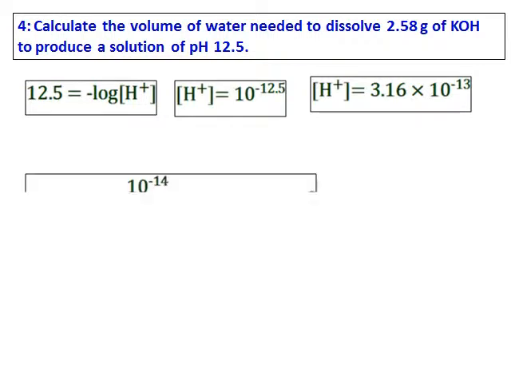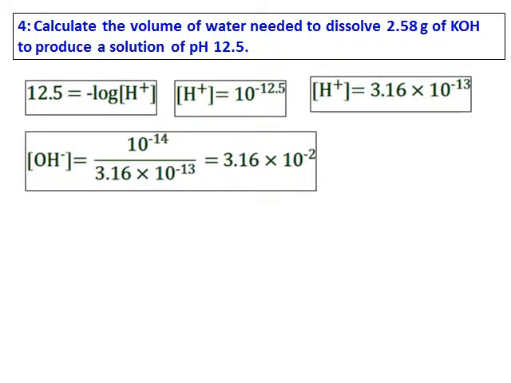But since it is potassium hydroxide, I need the hydroxide ion concentration. So dividing 10 to the power of negative 14 by the concentration of hydrogen ion will give me the hydroxide ion concentration. So this is the concentration of potassium hydroxide.